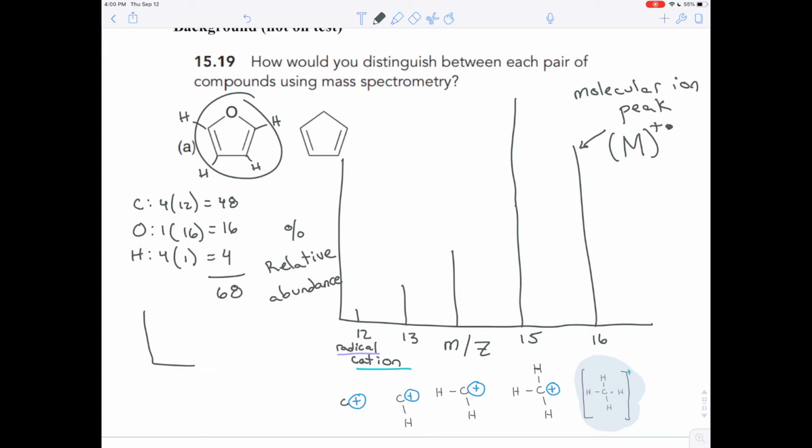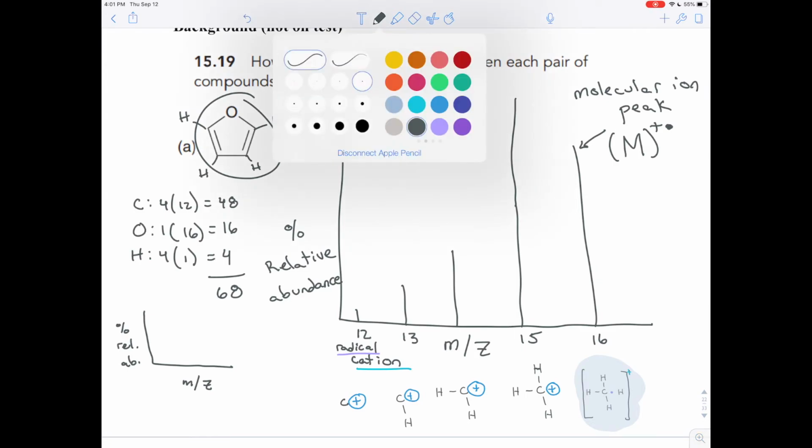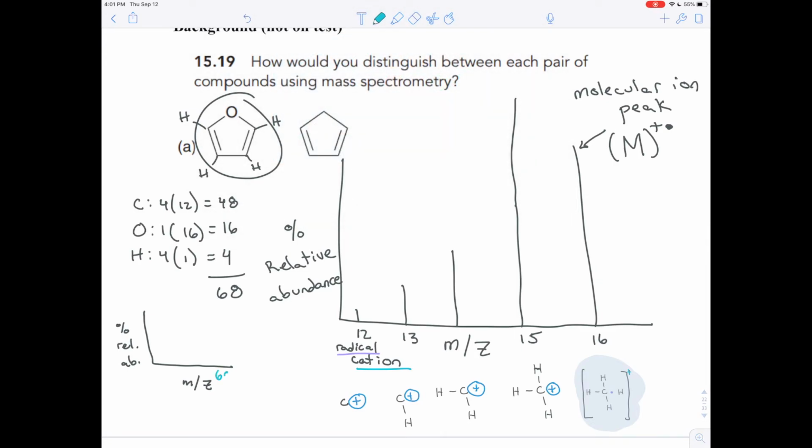And so on the mass spectrum for this molecule on the left, you have the m to z ratio and the percent relative abundance. And what you would notice is that you would have a peak at 68.